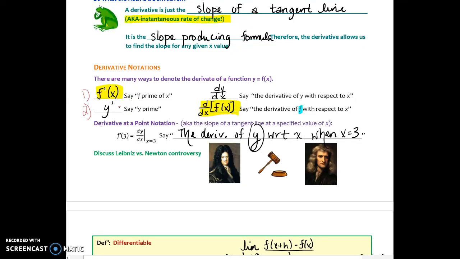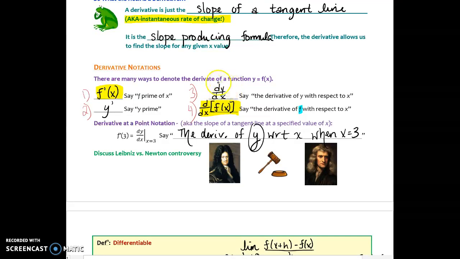There's two other options, which are number 3 and 4. On number 3, you could use this notation as well if they gave you the function y. Instead of calling it y prime, you could also call it dy dx.